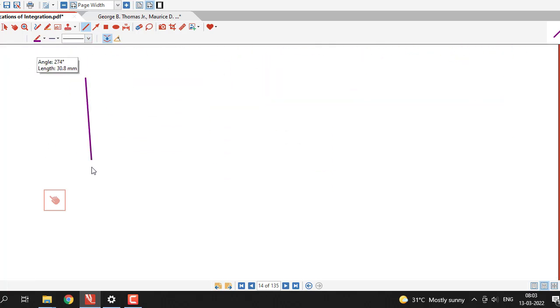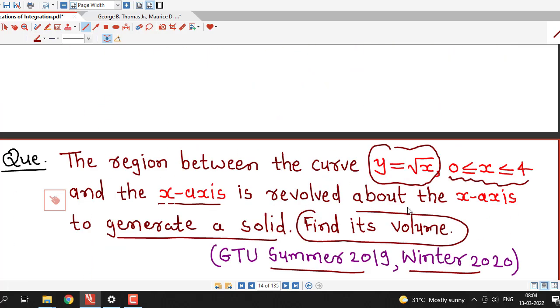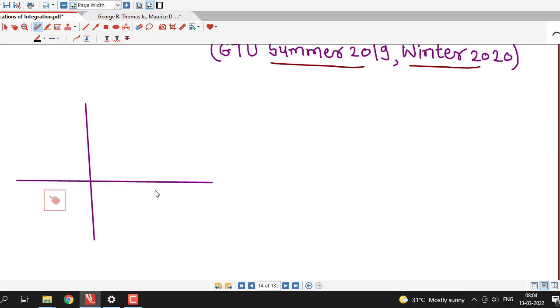So we just have a rough sketch of the region. Suppose this is the xy plane. Now the given curve is y equal to square root of x, between x equal to 0 and 4, and the x-axis. We know that y equal to square root of x is nothing but a parabola whose vertex is at the origin.